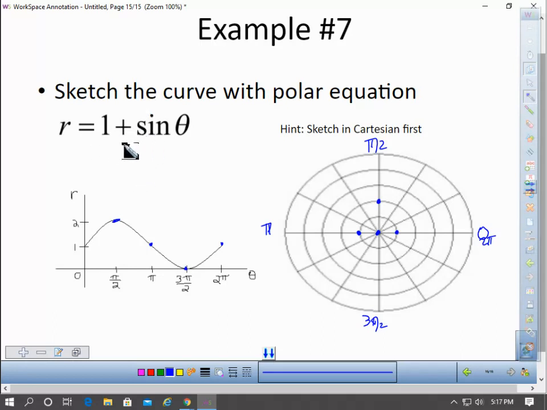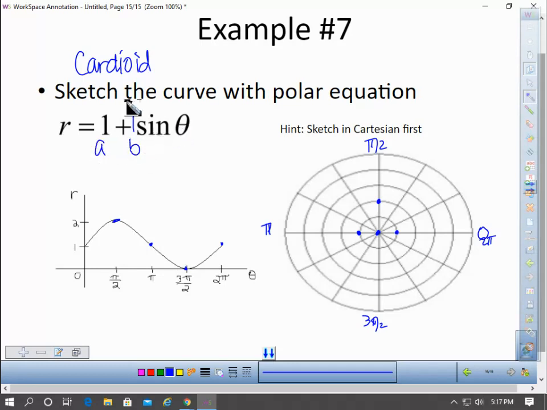So when you're looking at this, this is 1 plus 1 times sine theta. All right. This is actually a cardioid. And this is a plus b sine theta.